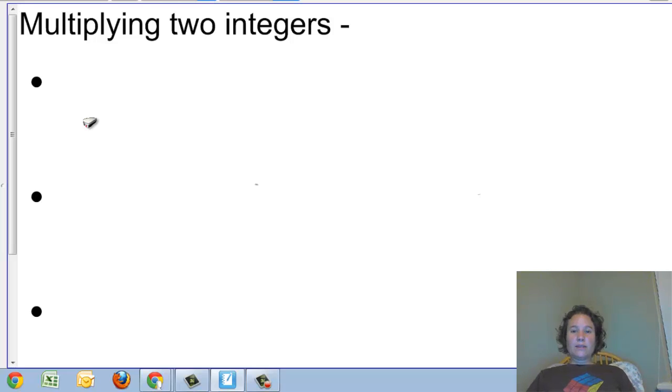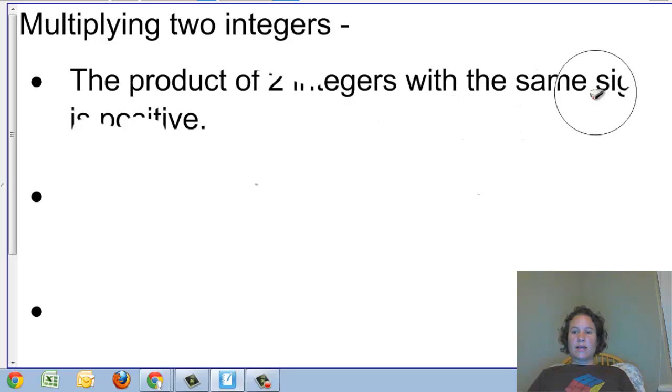When we're multiplying two integers together, there's basically two rules to keep in mind, and I'm going to give you the long version of the rule and then the short version of the rule. The long version says that the product of two integers with the same sign is positive. And we know that product means the answer to a multiplication problem.